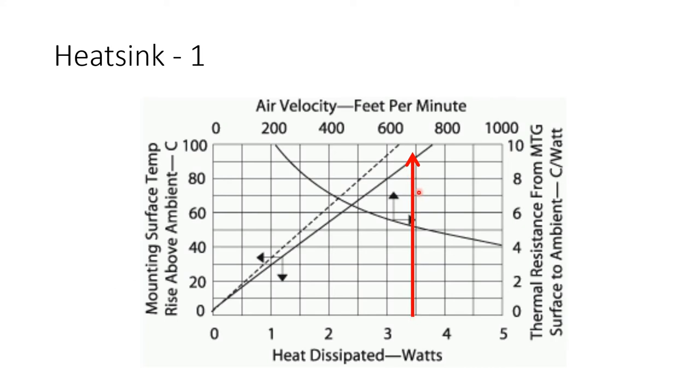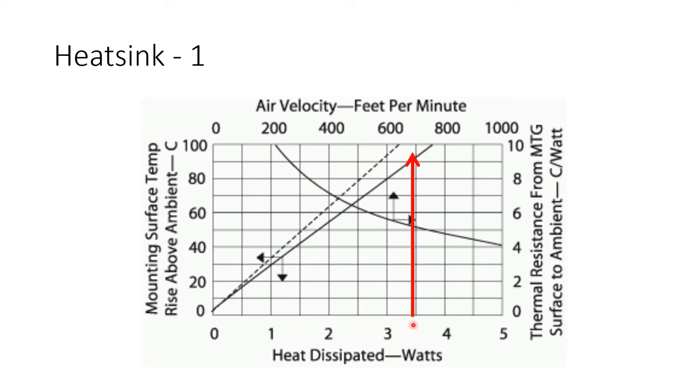Before I move on, maybe I should remind you about these arrows. These arrows show which lines use which axis. For example, this line uses this axis and this y-axis, and this line uses this y-axis and this x-axis as their axes.